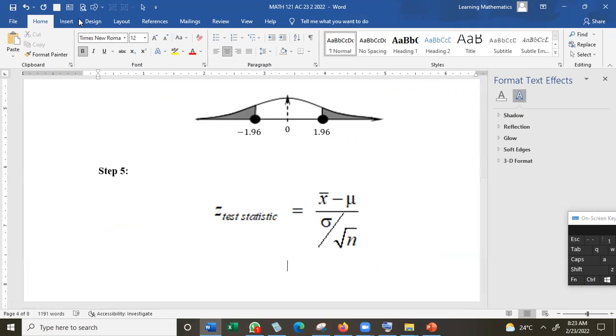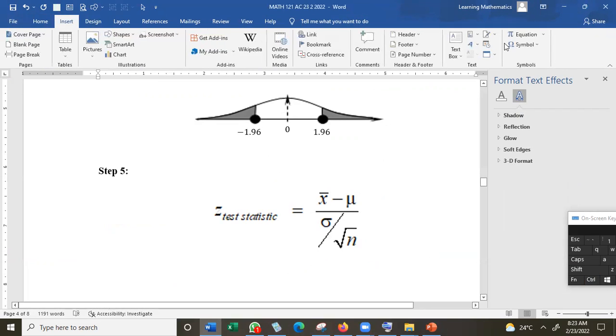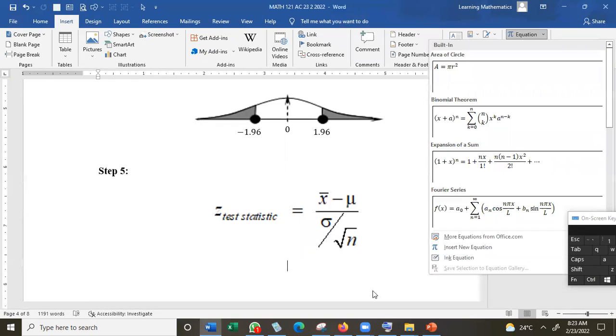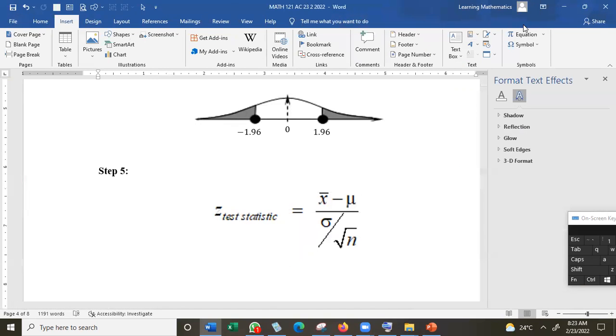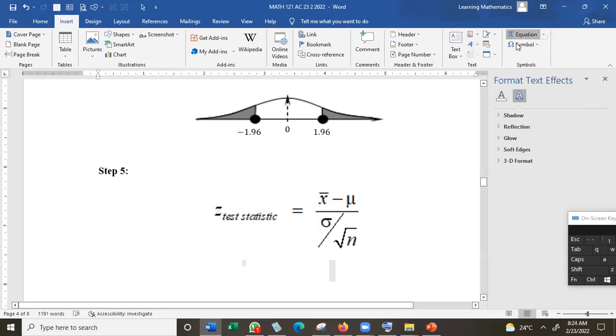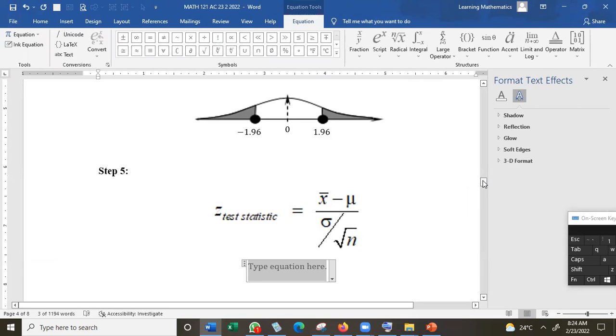Now to calculate the z-test statistic, we have to use the 4 values that were provided. These values will be given to you, so you don't have to look for those numbers. They will be provided to you. Here they are. We're calculating the z-test statistic.